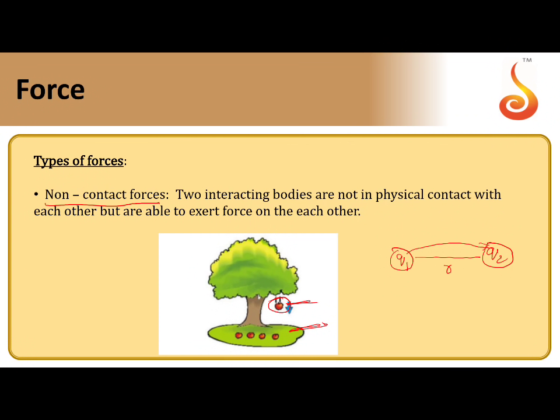No, they never come into contact. That is why they are called as non contact forces. If two interacting bodies are not physically in contact with each other, but even then they are able to exert the force on each other, they are called as non contact forces.